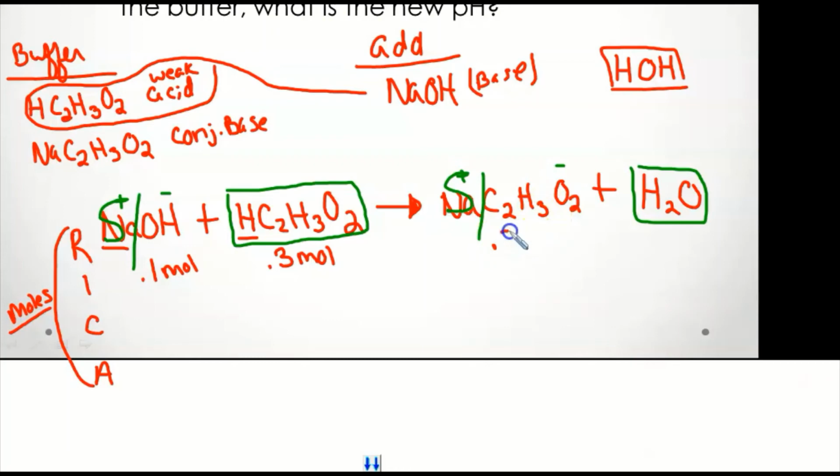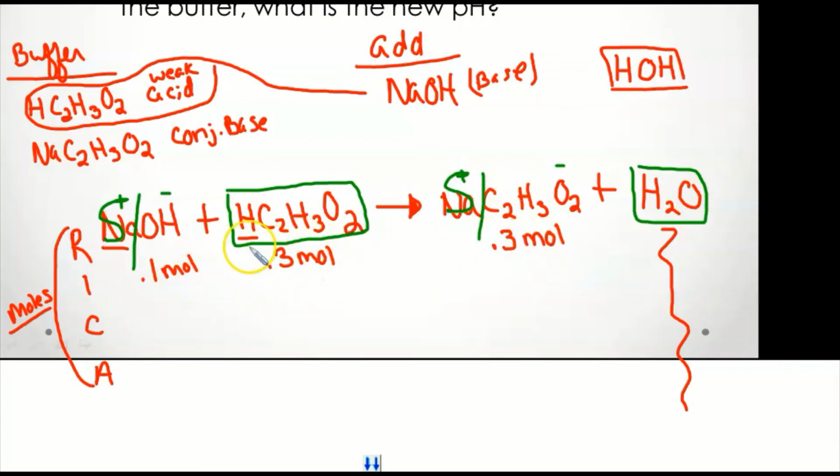We had some of this. This guy was there. Water, it's there too. It's an amount, but we don't really care about water. I mean, we really do, especially now. But for this, we're not going to worry about the water, since this will go underneath that. It's not going to affect pH, which is what we're going to look at.